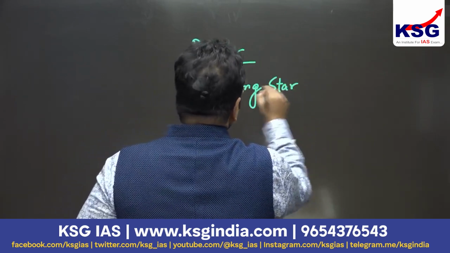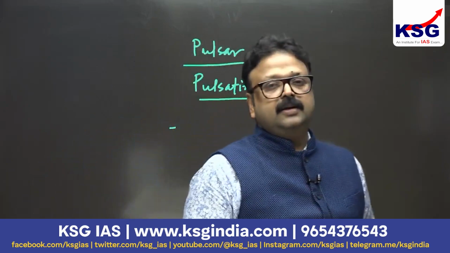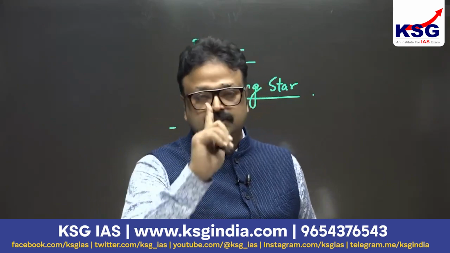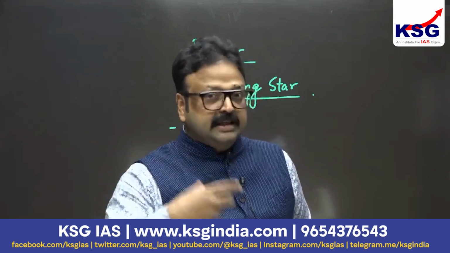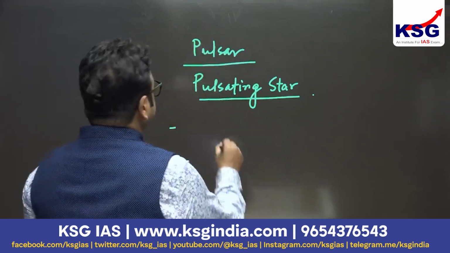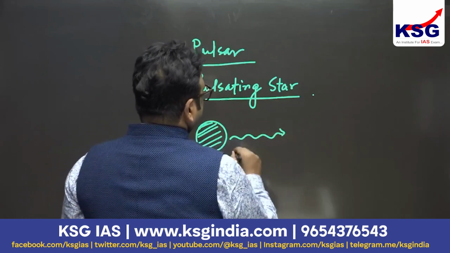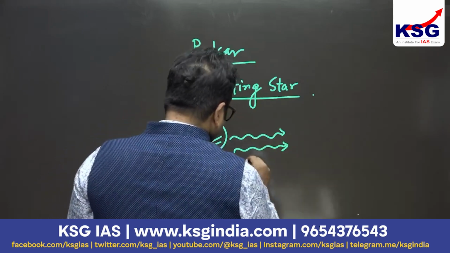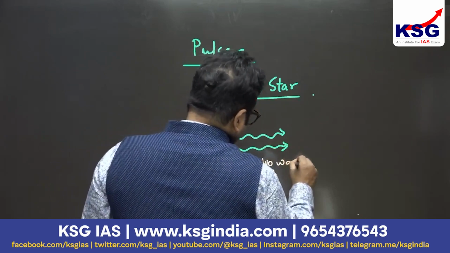Why is it called a pulsating star? Because it radiates residual heat. Do remember, there is no heat produced, no energy is going to be produced. It is the residual heat present in the core that is radiated in the form of radio waves, radio pulses. So this neutron star releases radio energy in the form of radio waves, and that is not a continuous release.